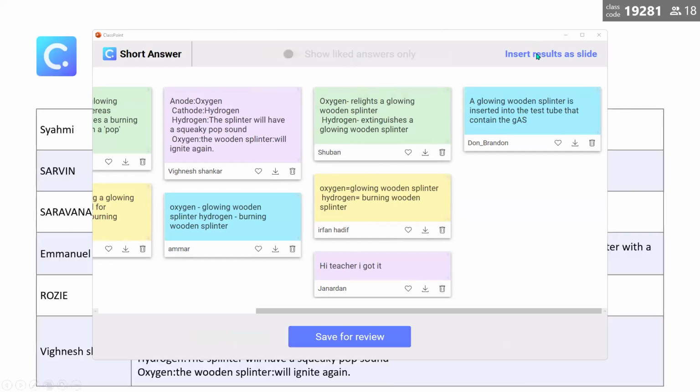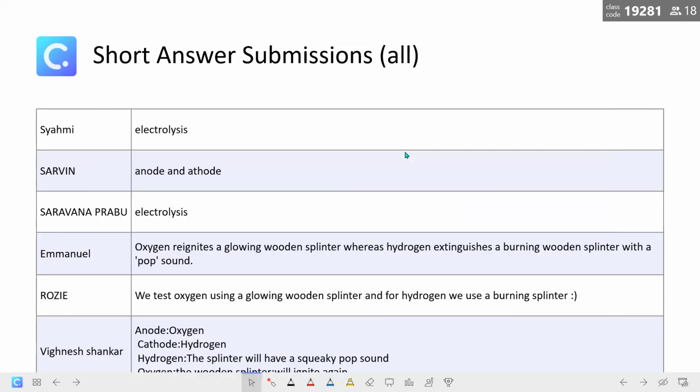If you look at teacher's screen, Shami says electrolysis. That's how I test. Shami, your answer is not wrong, but it is not complete. Teacher gives half a mark only. Sarvin said anode and atot. Sarvin, what is atot?